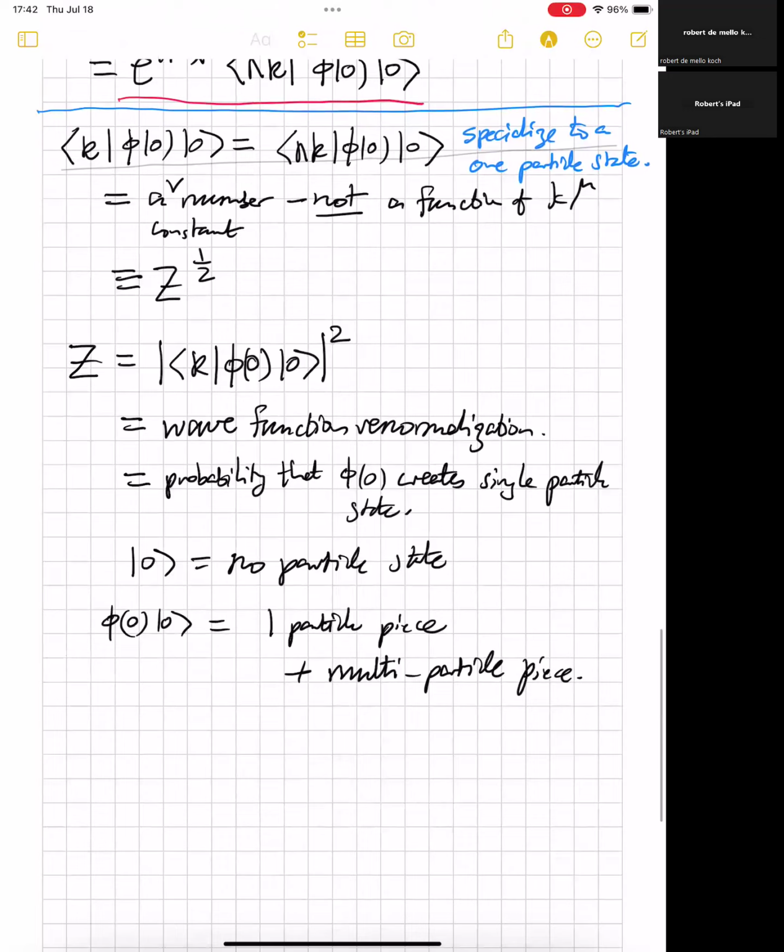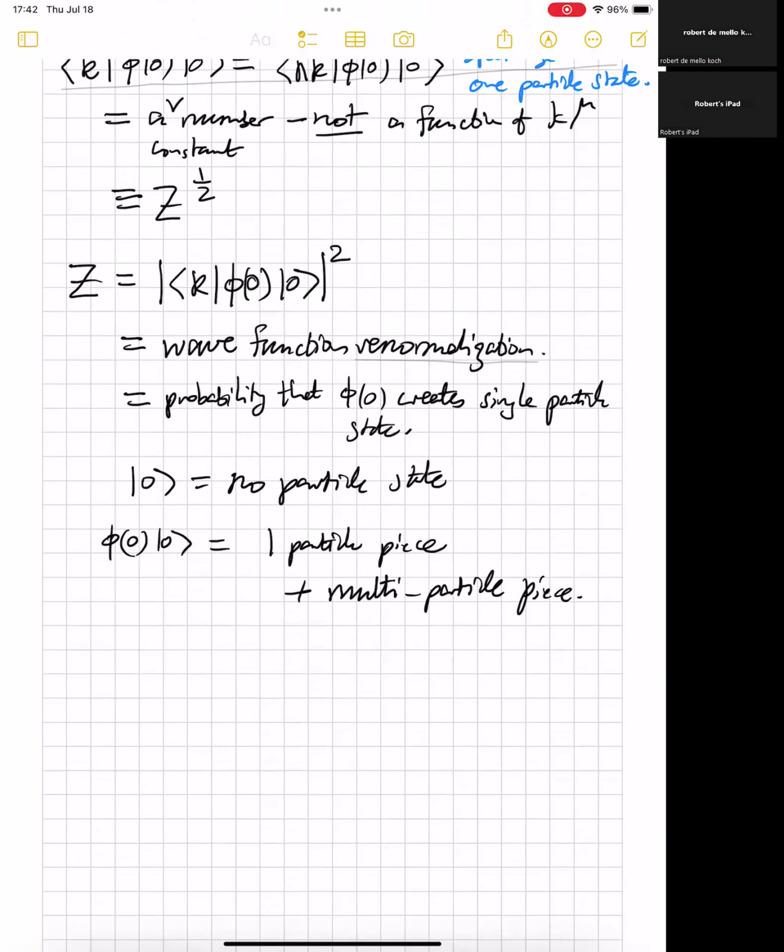So φ(0) will create a complicated multi-particle state, Z tells us the probability with which we create a single particle piece. And because it's a probability, we certainly should expect that it lies between the values 0 and 1. And if we can check this, this would be evidence for our interpretation.